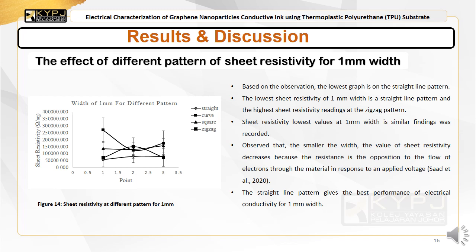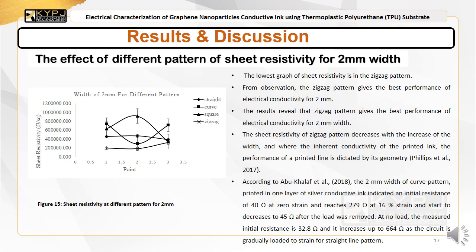Similar findings were recorded where it is observed that the smaller the width, the more the sheet resistivity decreases, because resistance is the opposition to the flow of electrons through the material in response to an applied voltage. Therefore, the straight line pattern gives the best performance of electrical conductivity for 1 mm width.